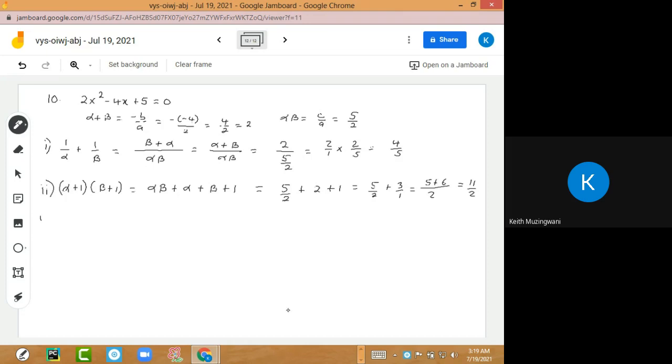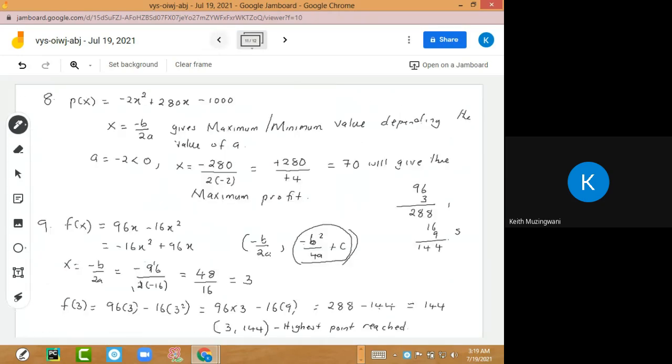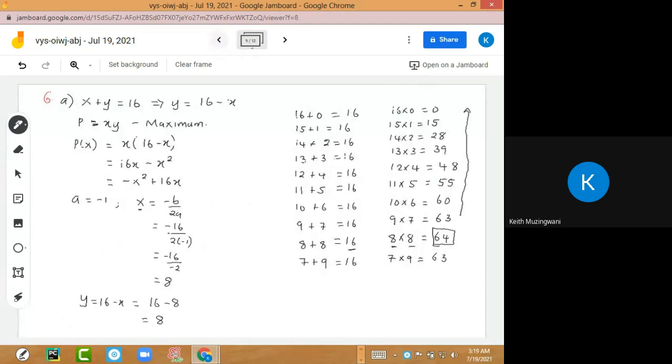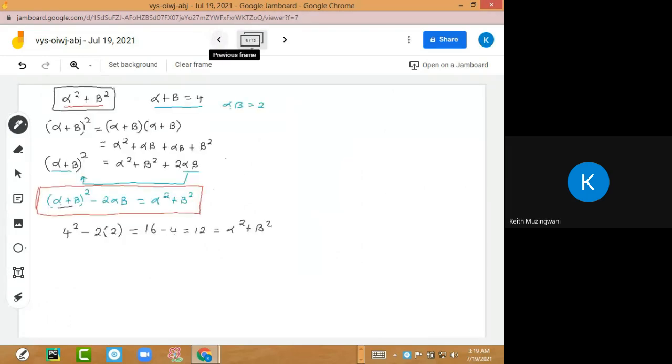And then 3, alpha squared plus beta squared. Remember we said whenever you find this, you must bring in this minus 2 alpha beta. I think we derived this here.